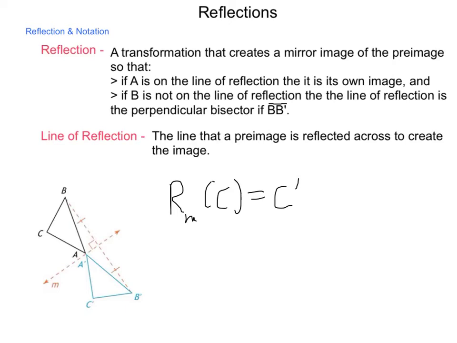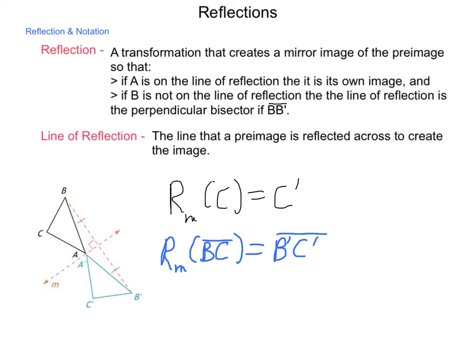So there are different ways that we can do this. We can also do reflections of line segments as a whole. For instance, we could say that the reflection across M of line segment BC is line segment B prime C prime. And what that would notate is that this line segment here is reflected to here across line M.